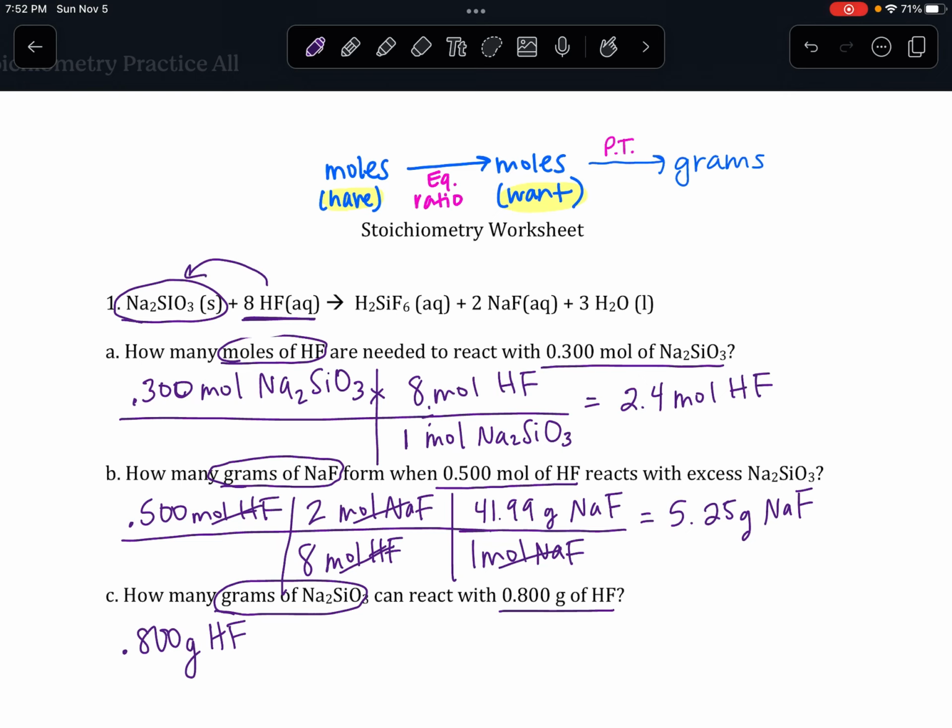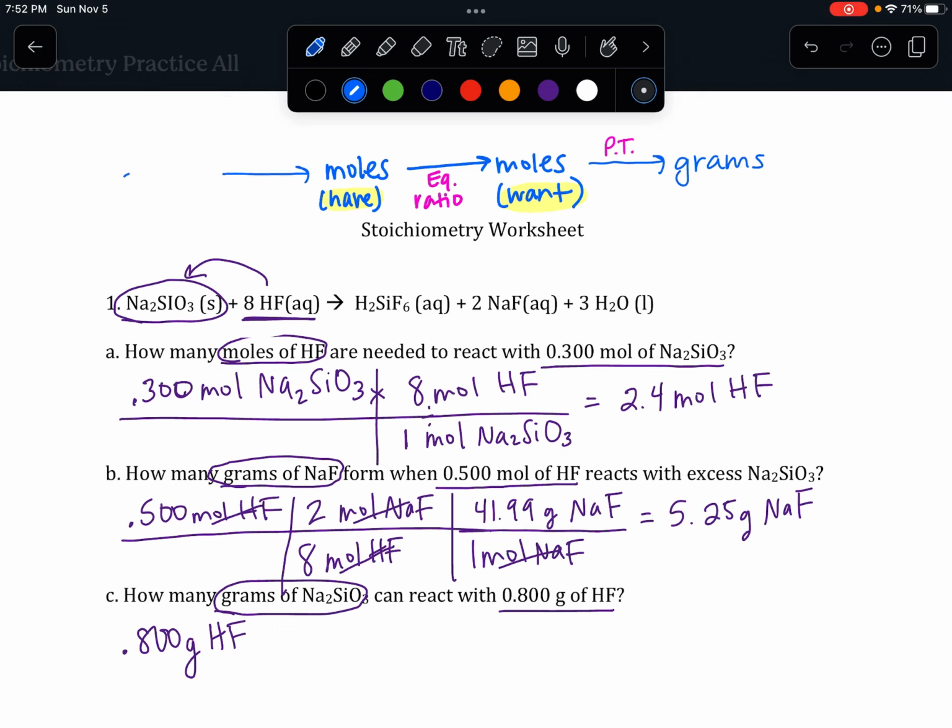In this case, I'm starting with grams, so I can't immediately go into my mole ratio. But again, we know how to go between moles and grams. We just use the periodic table.